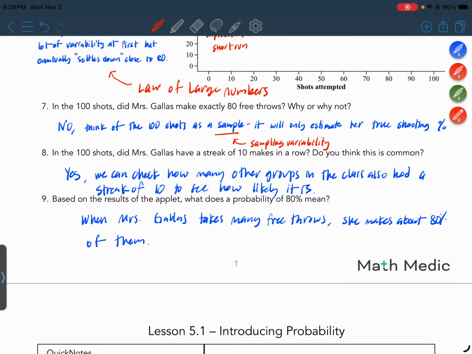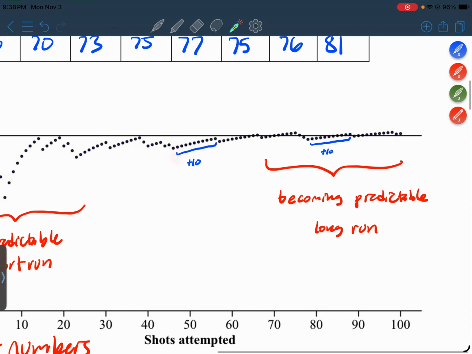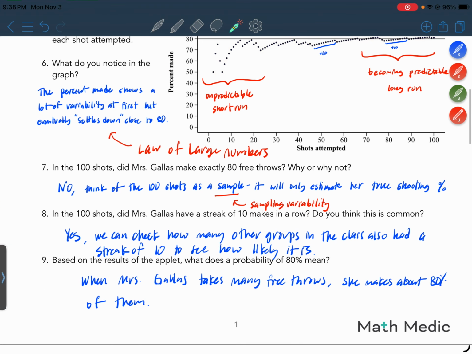All right, let's look at whether we ever had a streak of 10. In my simulation, I had a streak of 10 right there and another streak of 10 right there. So it actually happened for me twice. Now, is it common? Well, at this point, we don't really know. We can go around the room and poll and see how many groups had a streak of 10.